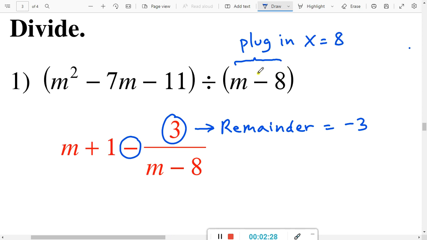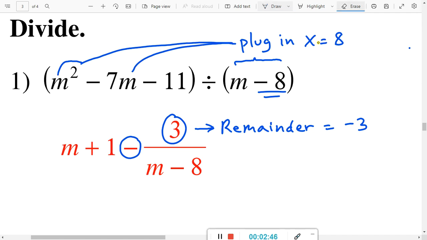Okay, so when you're dividing by m minus 8, you change the sign on this negative 8 and make it positive 8, and then you plug it in. Okay, plug it in for m. I said x equals 8. I should really say m equals 8, but it's the same thing. Okay, so this is actually m equals 8 that we're plugging in.